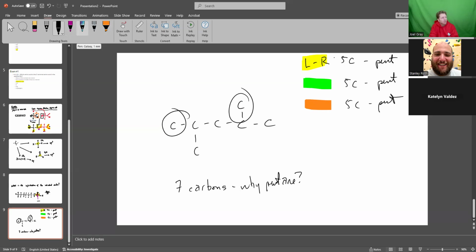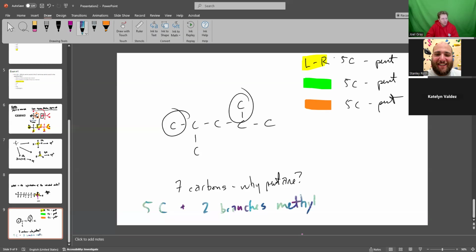So would everyone agree that this is 5 carbons plus 2 branches? And how would you describe each branch? What's the term that you would use to describe that branch? Maybe meth? Methyl.